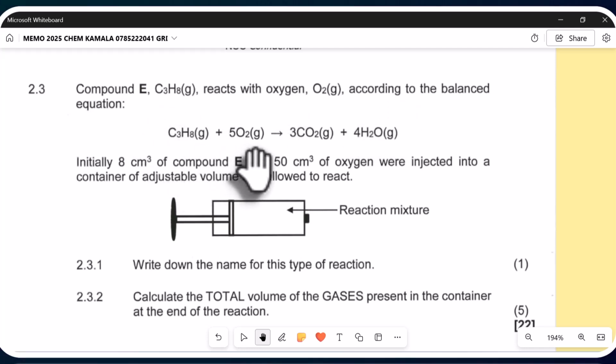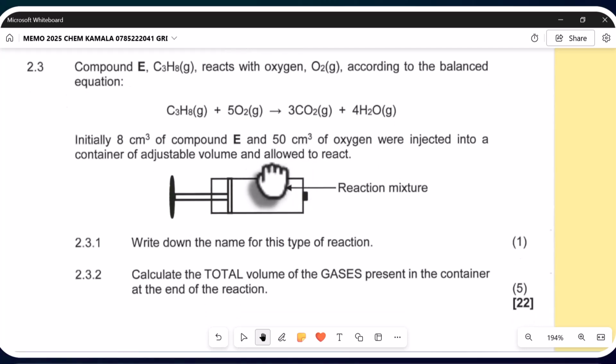Then they say calculate the total volume of the gases present in the container at the end of the reaction.